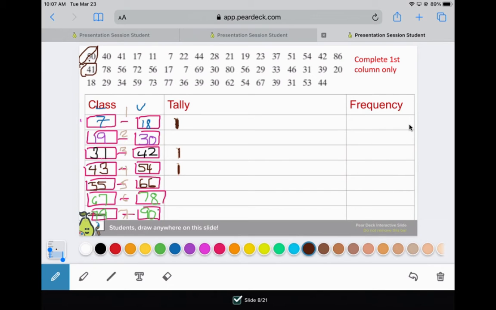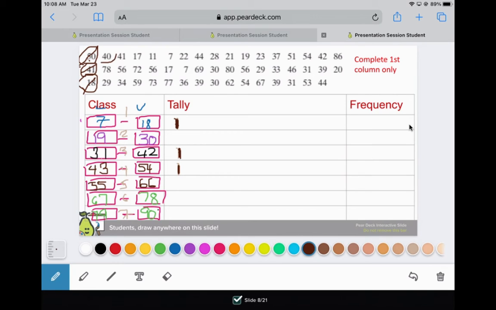I'm looking, 41 is between 31 and 42. So I'm counting that's 1 more. And then I'm looking at 18. It's between 7 and 18. So I'm counting that's 1 number belonging to this class. So I'm counting how many numbers for each class. That's what I do with a tally. So Allie, does that help or not? Let me know.